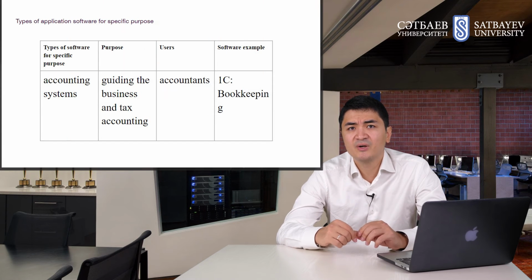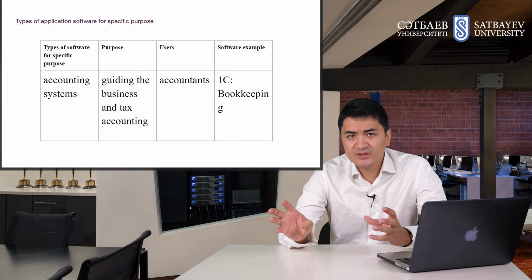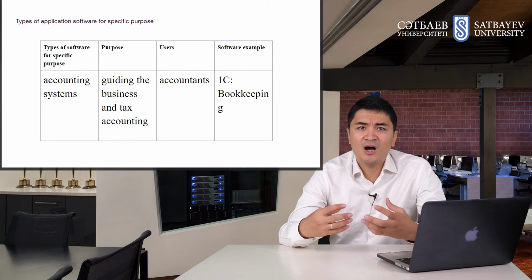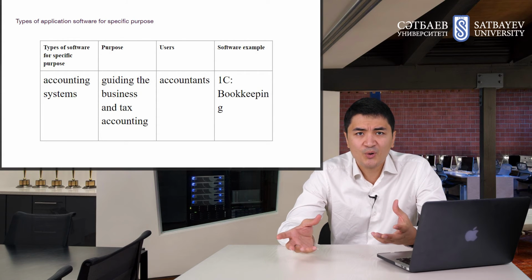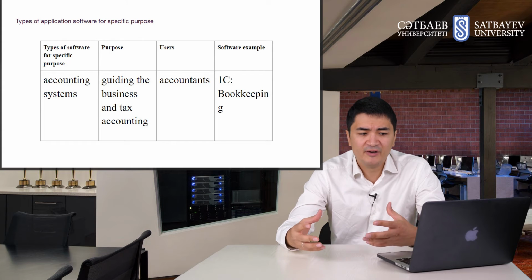Accounting systems are an absolutely different kind of software that help to maintain the financial accounting systems, like incomes of money, the outflow of money, that can control the distribution of products and can control expenses and profits.